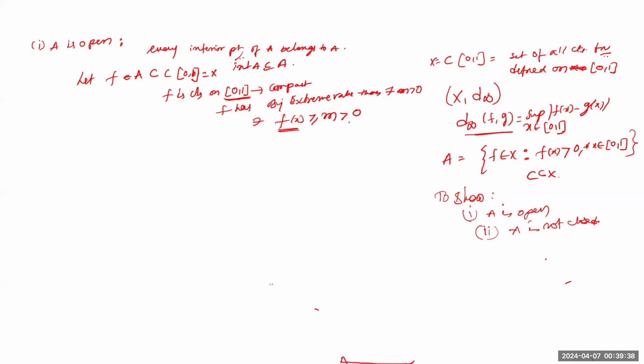So f of x is greater than or equal to m, and of course m is greater than 0, so f of x is greater than 0.